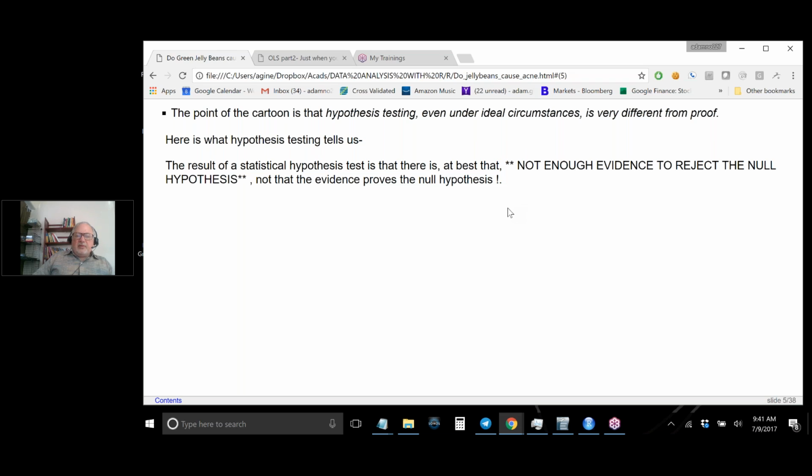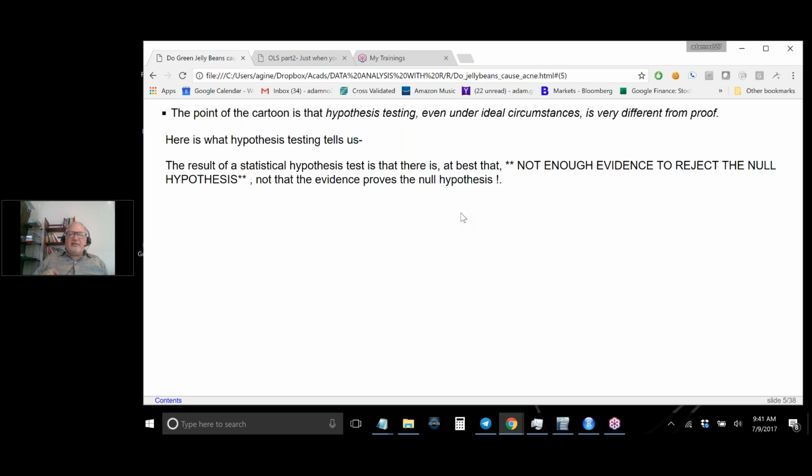Now, you might remember when we were doing chi-squared, we went through the data on cancer and smoking. And we saw that the data showed that cigarette smokers did not seem to have the same rate of cancer as non-smokers. It's important to point out that the study did not show that cigarette smoking caused cancer.